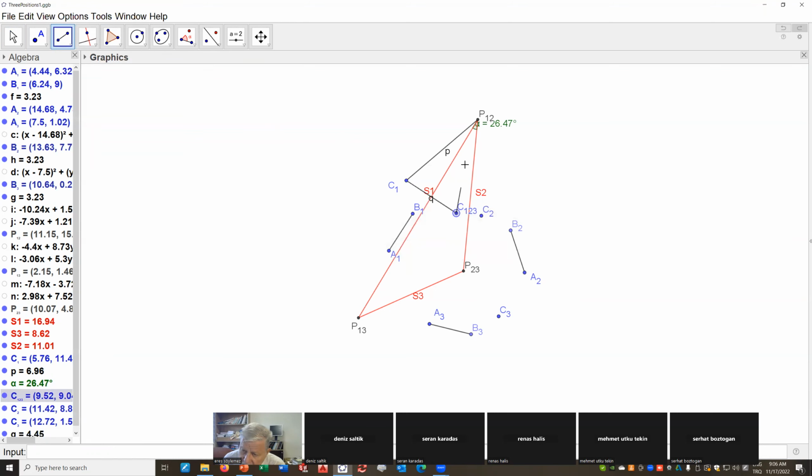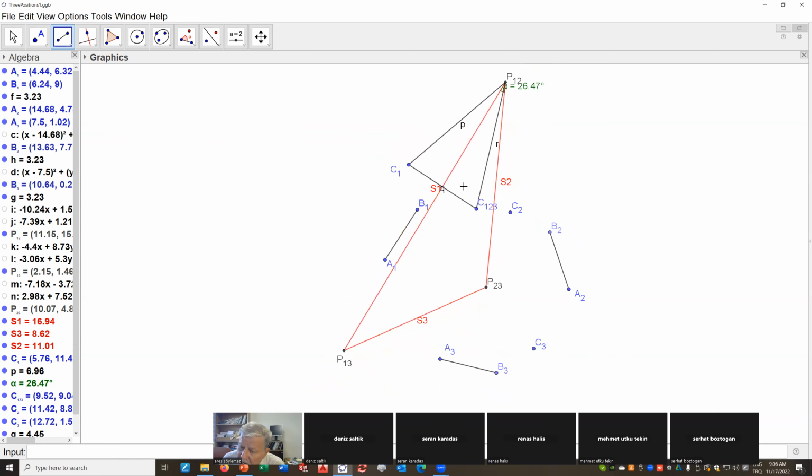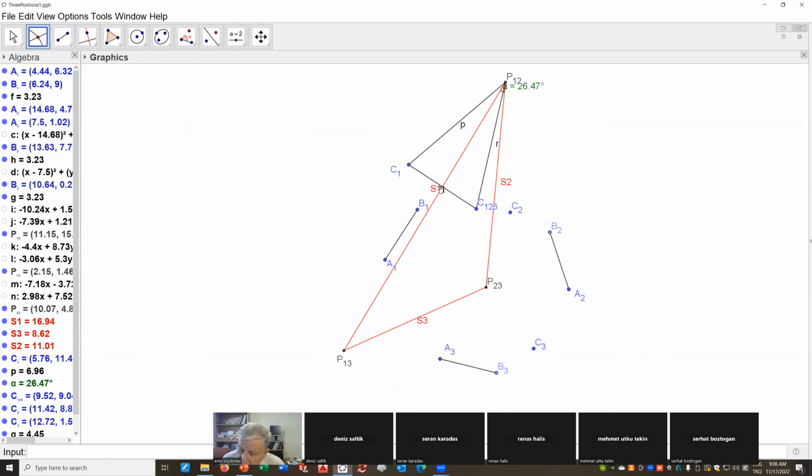Now, please look at these two triangles. See this intersection of this line with the side 1, it is the image. So this length is equal to this length. So the triangles, let me select a point over here.